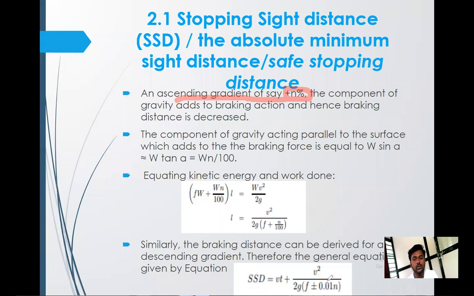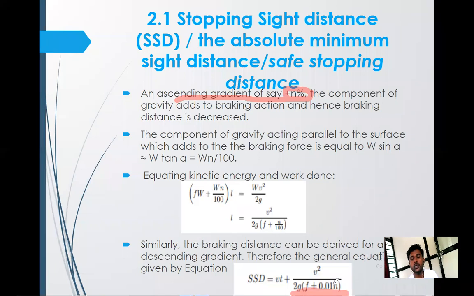Also, we have to consider the braking efficiency if it is given. If there is no braking efficiency given, no problem. But if they have given the braking efficiency, at that time we have to add it as well.